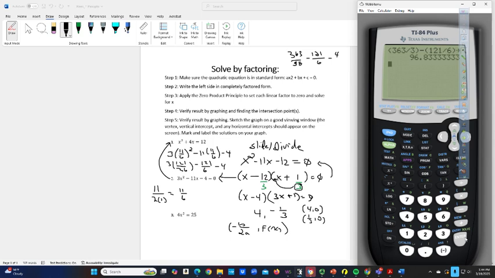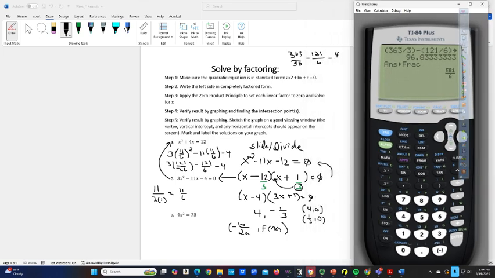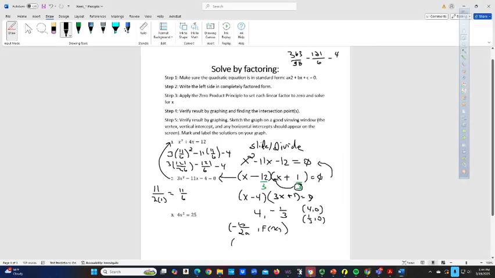It's going to give me some type of decimal, and now I want to convert this decimal back to a fraction. So I'm going to press my math key, and I want option number 1, to convert this back to a fraction. And so I get 581 over 6.